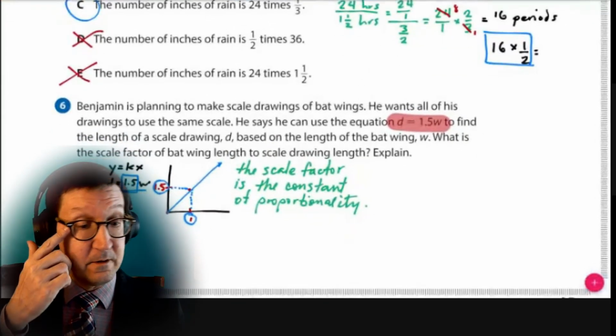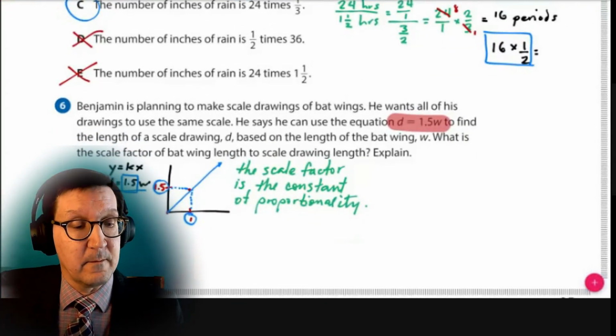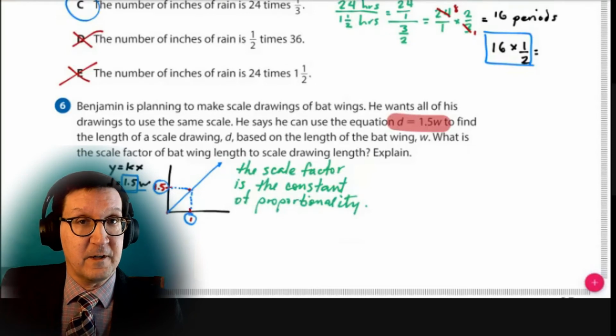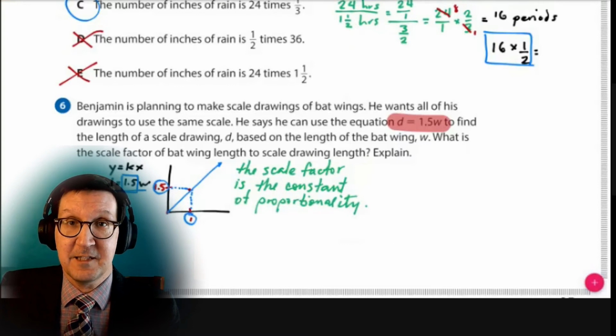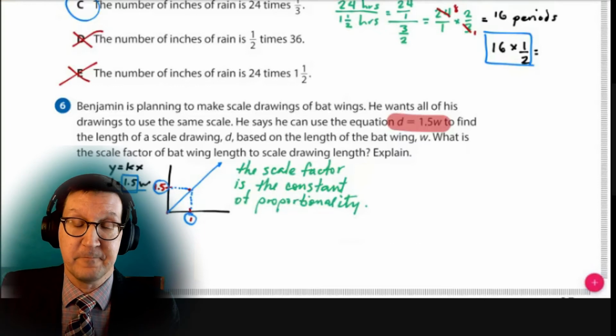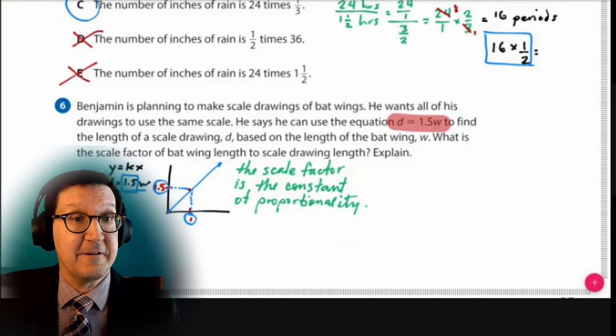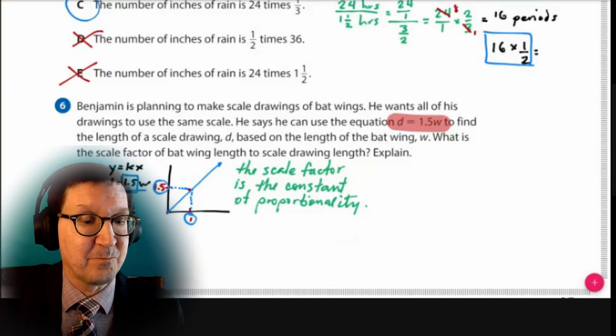Because if you're drawing something in scale, it's going to be proportionate. And because it's going to be proportionate, the ratio sets up exactly the same as if it's a constant of proportionality in a graph, or a chart, or a t-graph, or any of that.